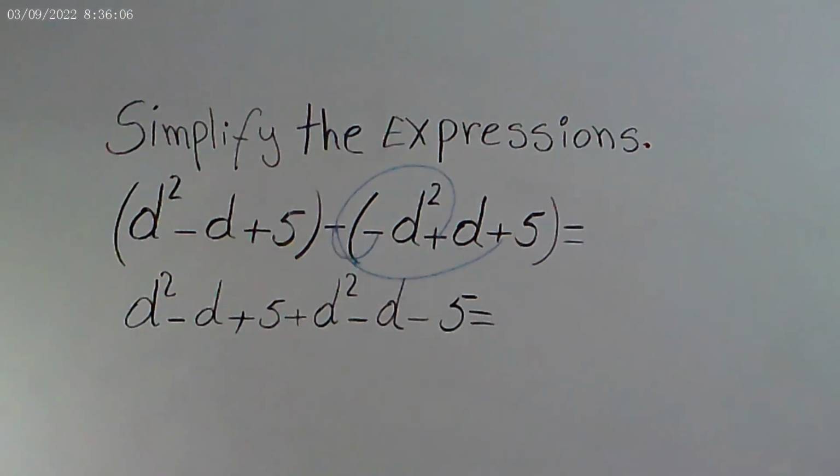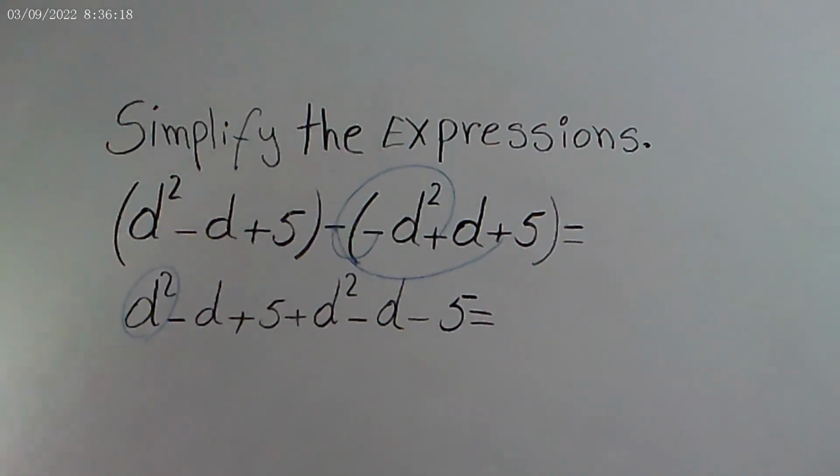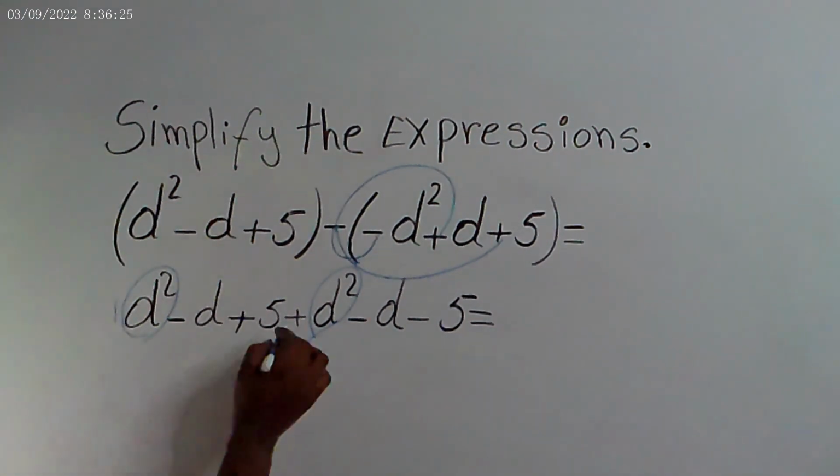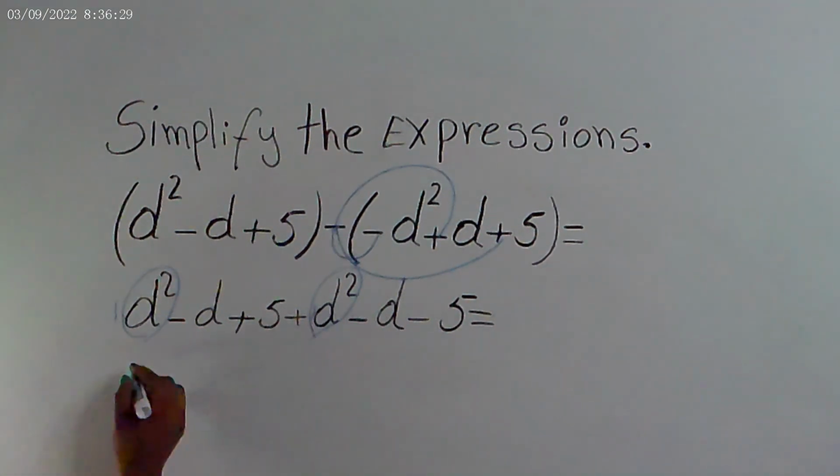So now you're going to see which terms have the same exponent. So right here you have d squared, and here you have d squared. So 1 d squared plus 1 d squared gives you 2d squared.